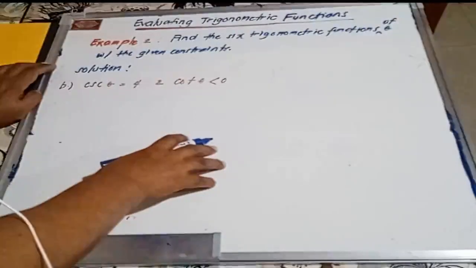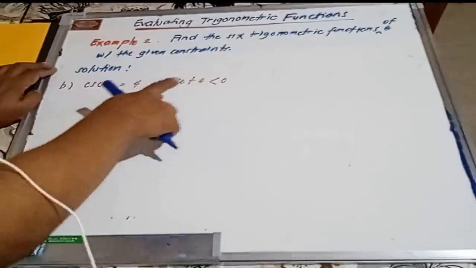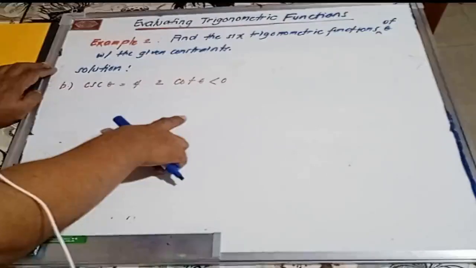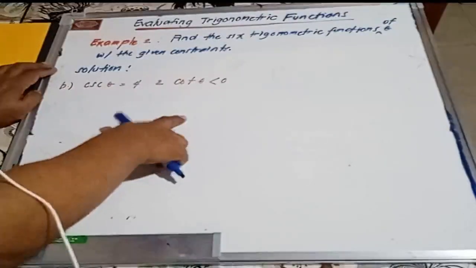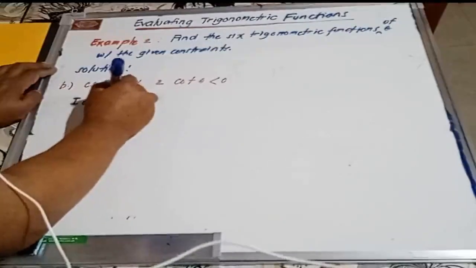Okay? Kasi ang ratio ng cosecant is r over y. So, ang responsible lang para siya maging positive ay yung vertical distance. Yun yung y. So, ibig sabihin, positive dapat ang y value niya. At positive ang y value sa first and second quadrant.